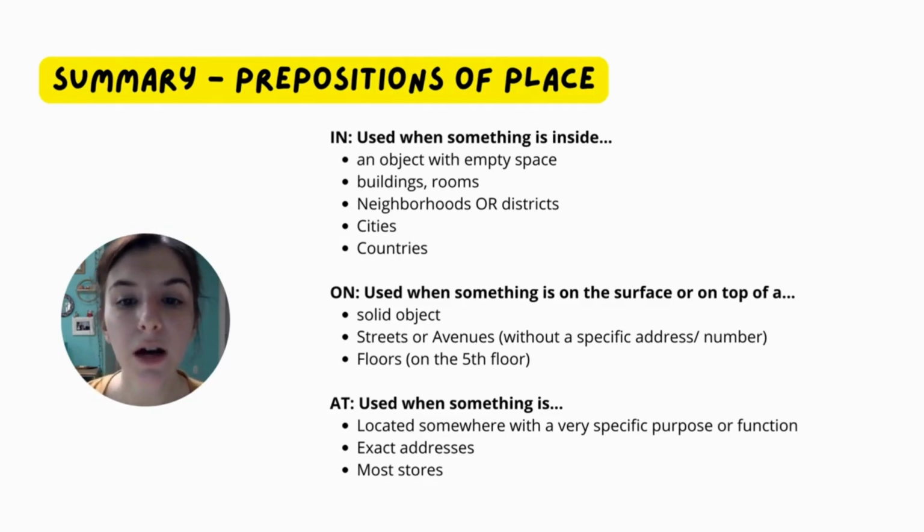We use on when we want to describe something that is on the surface or on top of a solid object, and for that reason, that's why it's used for things like streets or avenues, as long as they don't have a specific address attached to them, or floors of a building. And lastly, we use at when we want to describe something that is located somewhere with a very specific purpose or function, for exact addresses and for most stores.